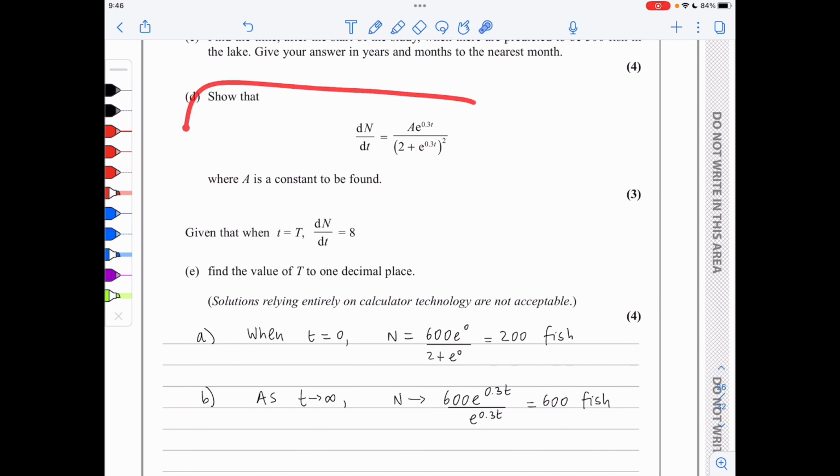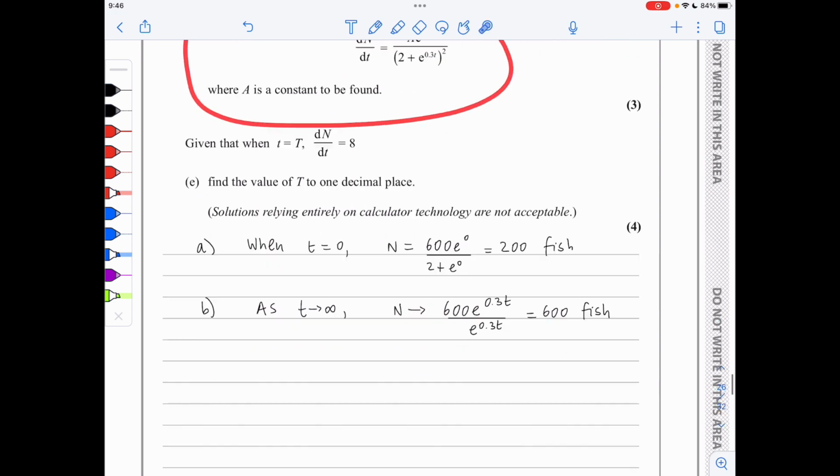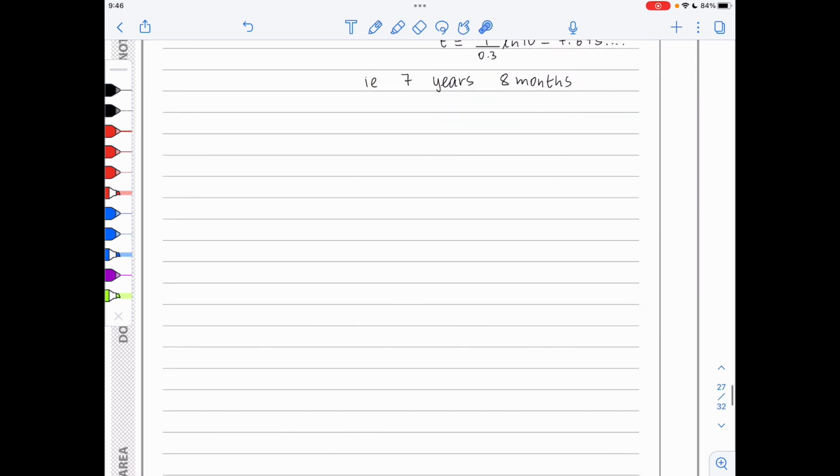In part D, we need to show that the derivative can be written in this form. So I will start by rewriting the expression for capital N. We had N is 600 e to the 0.3 t over 2 plus e to the 0.3 t. So dN/dt, we start by differentiating the top. I'm using the quotient rule here.